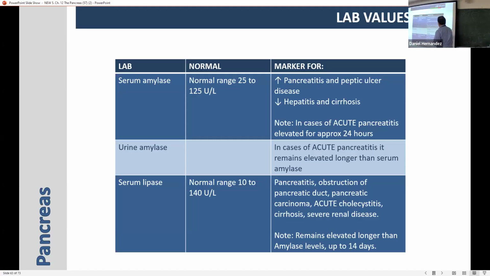Lipase as well as amylase are also tied into acute biliary disease, so issues with the gallbladder, cholecystitis. We can see those elevated in acute cholecystitis as well as cirrhosis. So when patients have liver disease, this could impact your amylase and lipase as well.